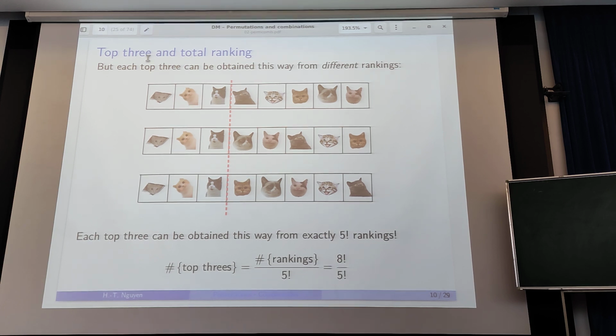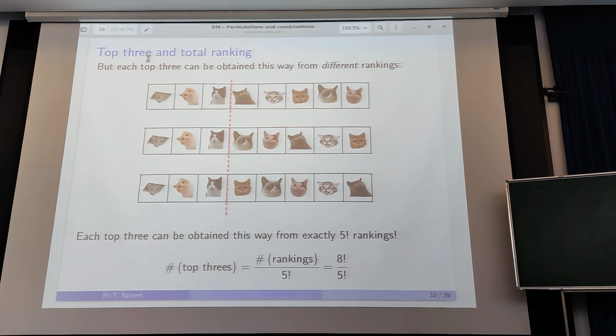Either we can use the product rule and get 8 by 7 by 6, or we can use the total number of rankings and divide by the number of repetitions for each top 3 among the rankings, and we get this formula.